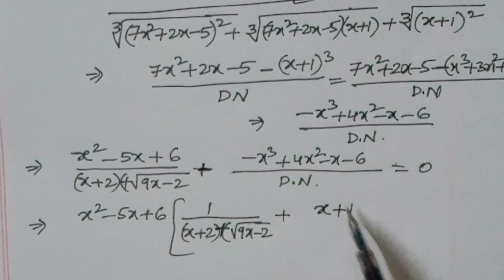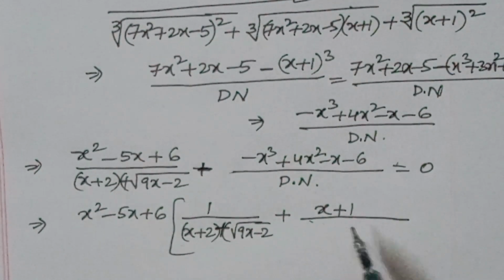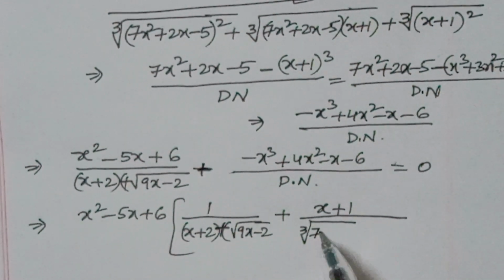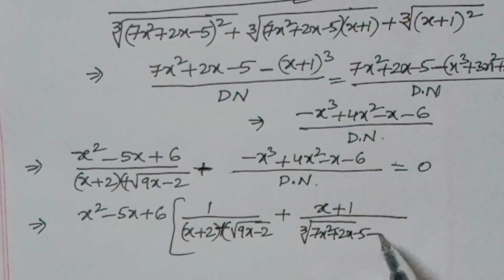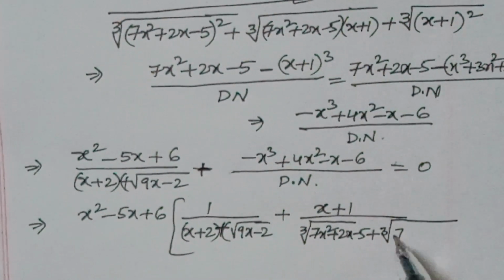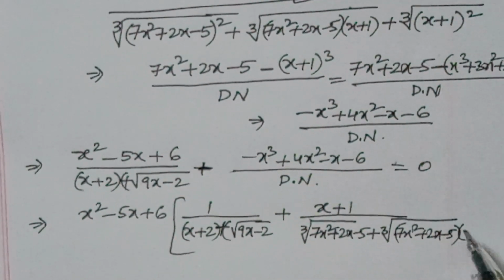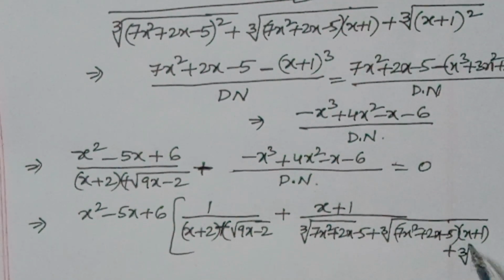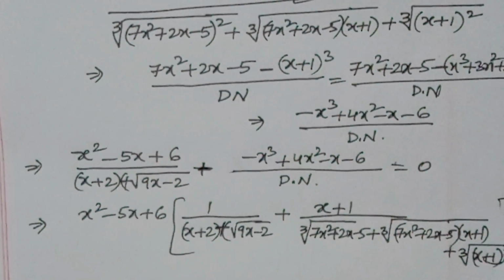If you divide this with that, you will get x plus 1 by cube root of 7x square plus 2x minus 5 whole square plus cube root of 7x square plus 2x minus 5 into x plus 1 plus cube root of x plus 1 whole square, equal to 0.